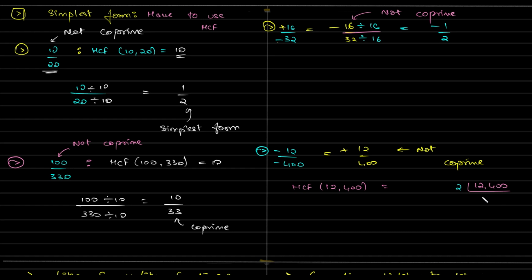Actually 4 makes sense, right? 3 and 100 are co-prime, so your HCF is 4. And now we have 12 by 400 to be converted to simplest form by dividing with 4. So we have 3 by 10.